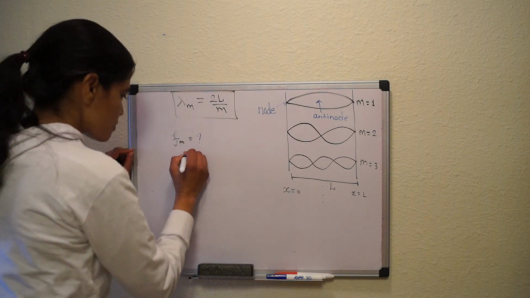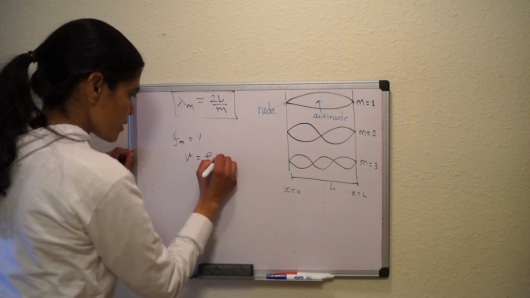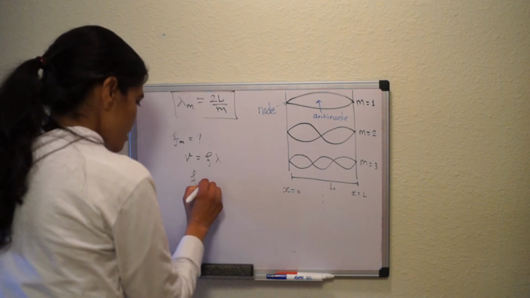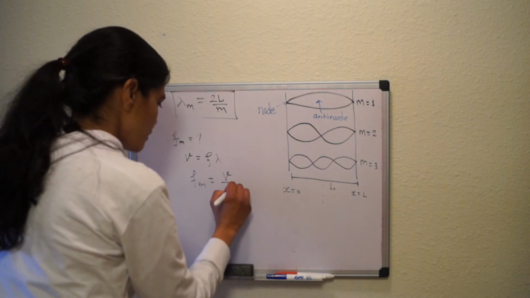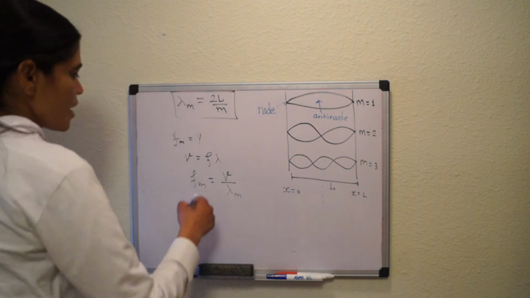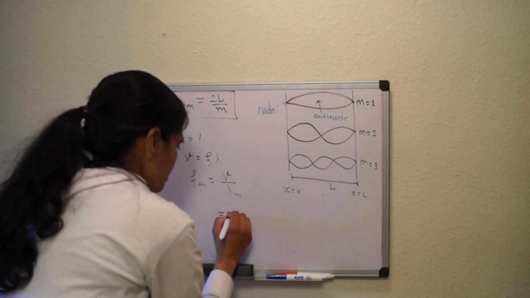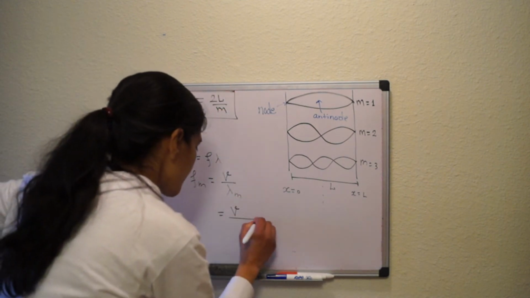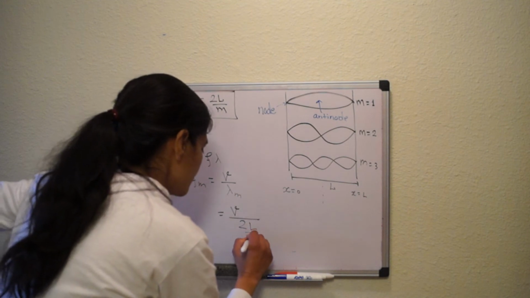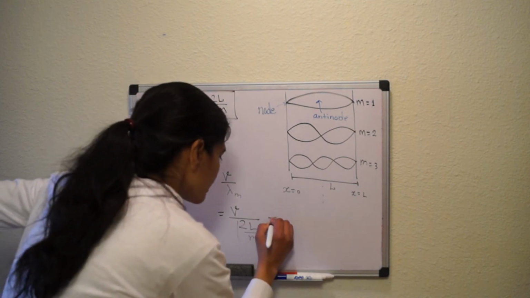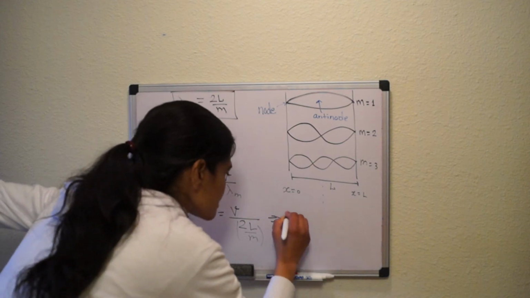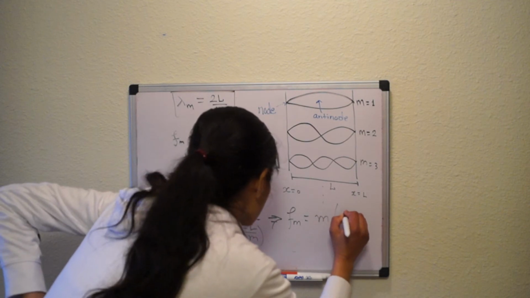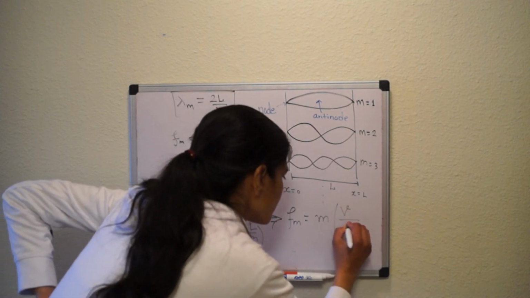We know the relationship v equals f times lambda. So instead of f, we have fm, and fm equals v over lambda m. In place of lambda m, we can substitute 2L by m, and when I write it neatly, this becomes fm equals m times v over 2L.